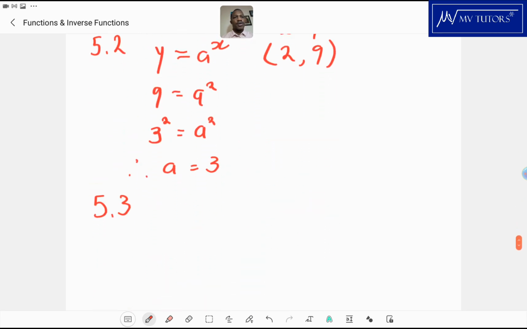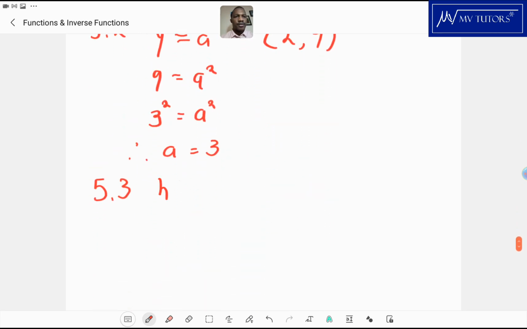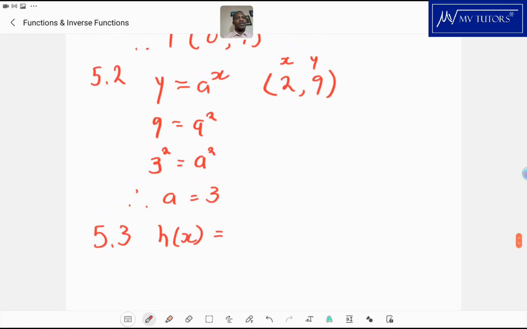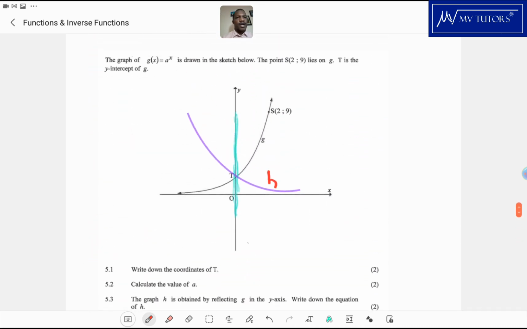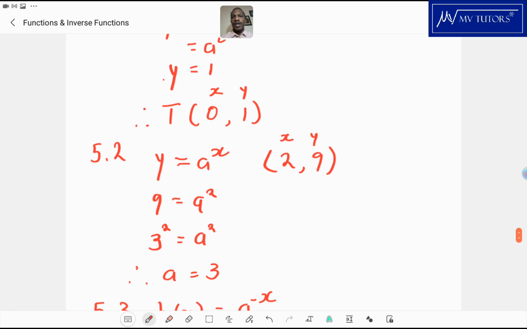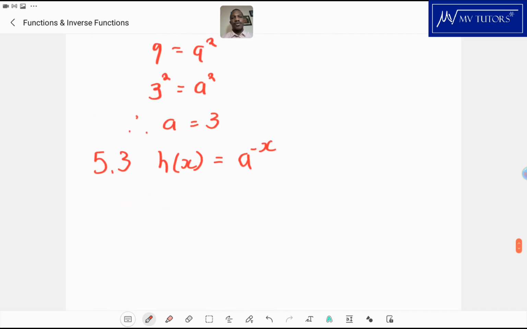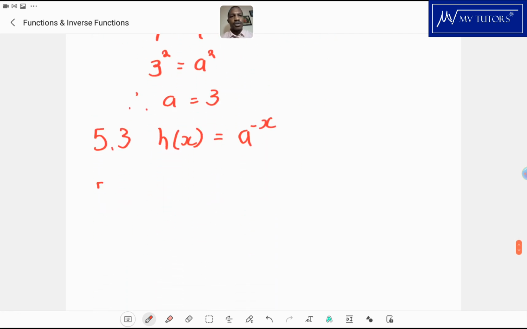Okay, so if g of x is equal to a to the power x, then h is a to the power negative x. That's all. It's a negative exponential graph. It's drawn like this. Okay, if you don't understand that, again, just book a session with me and I'll be glad to tutor you.